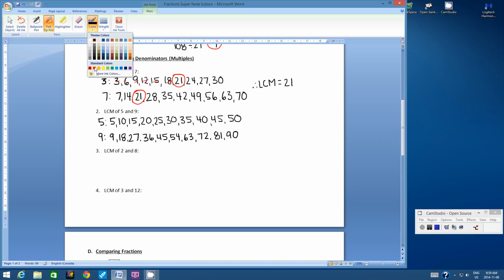So now's the fun part. I scan both lists and look for the first common number in both lists. 5 does not appear in the bottom list. 10 does not appear. 15 is not common. 20 is not common.